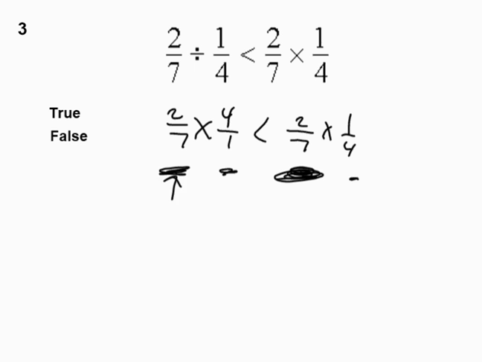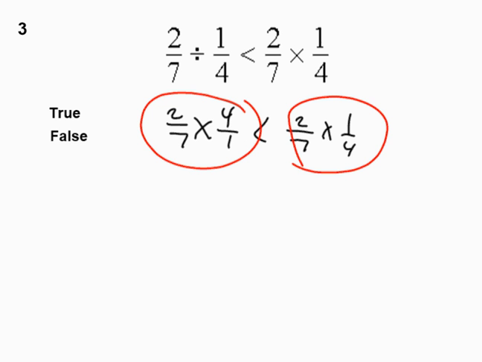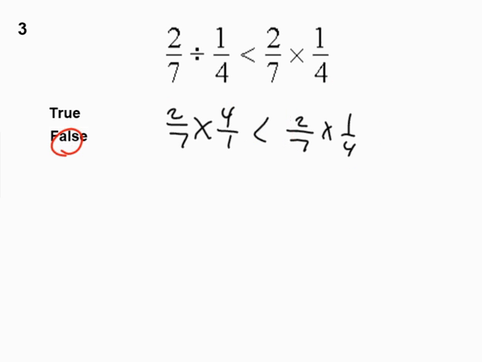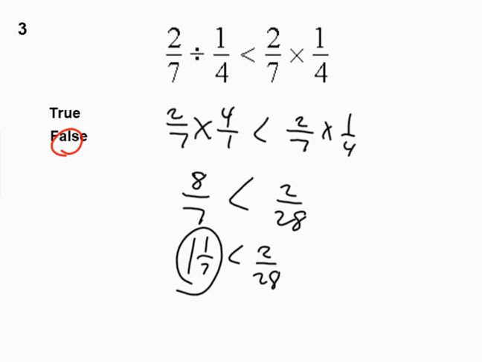So we know for a fact that multiplying by 4 is going to be significantly bigger than multiplying by a quarter, and therefore I can say false. Now there are a lot of people that probably said, you know what, I'm just going to show my work, and you would have got 8/7 is less than 2/28, and that's false as well, because this is 1 1/7, which is much bigger than something that's less than 1. Okay.